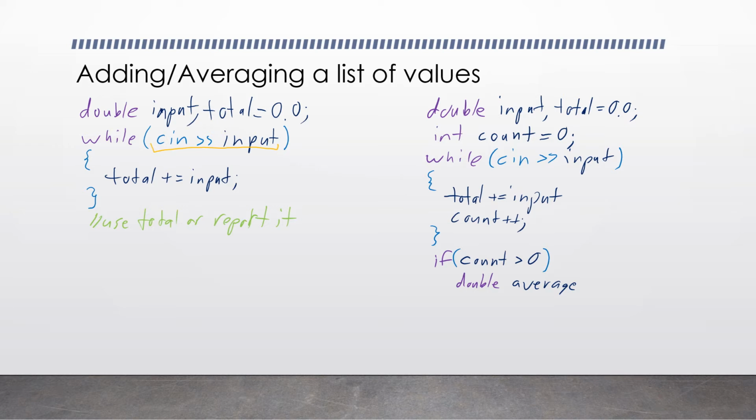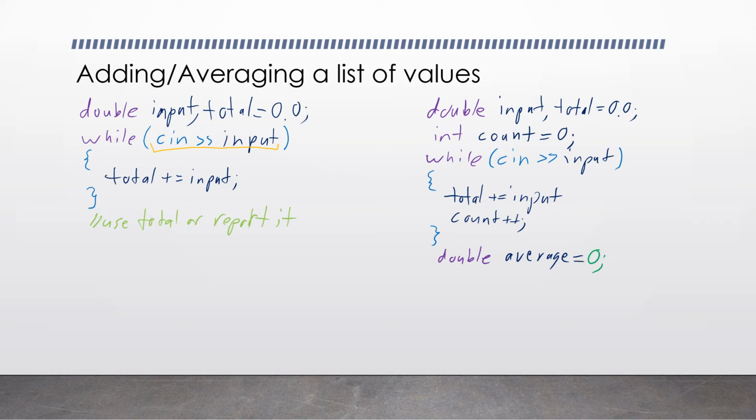Now the compiler is going to yell at me here because I'm creating a double variable inside an if, and that won't be valid outside the if. So I need to create the double variable here, double average equals 0.